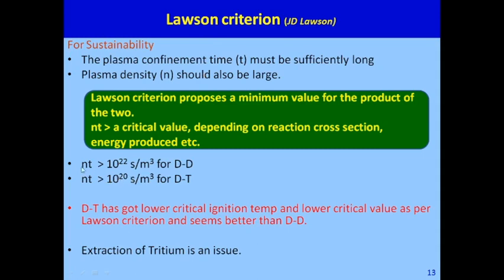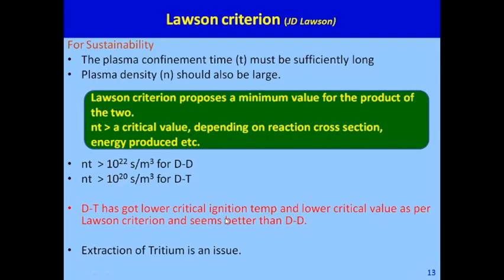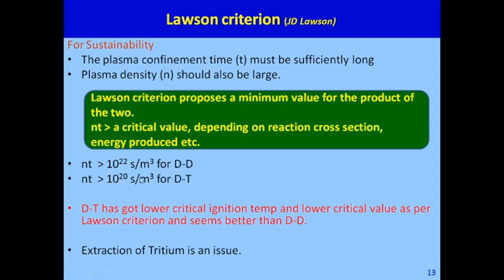If you look at the DT reaction, it has a lesser critical value of nT: this is 10^20 and this is 10^22. Similarly, DT has a lower critical ignition temperature. So that means DT is better than DD in that sense. You have a lower critical temperature for DT and a lower critical nT value as per the Lawson criterion.